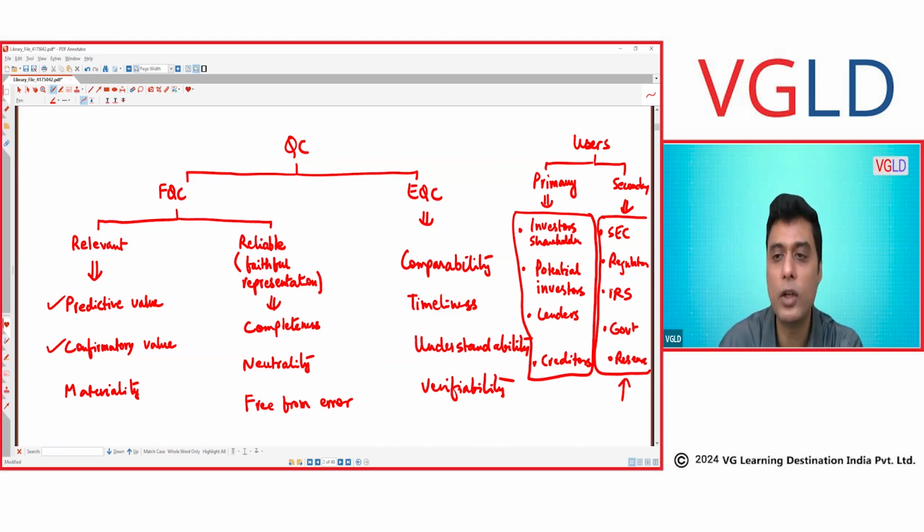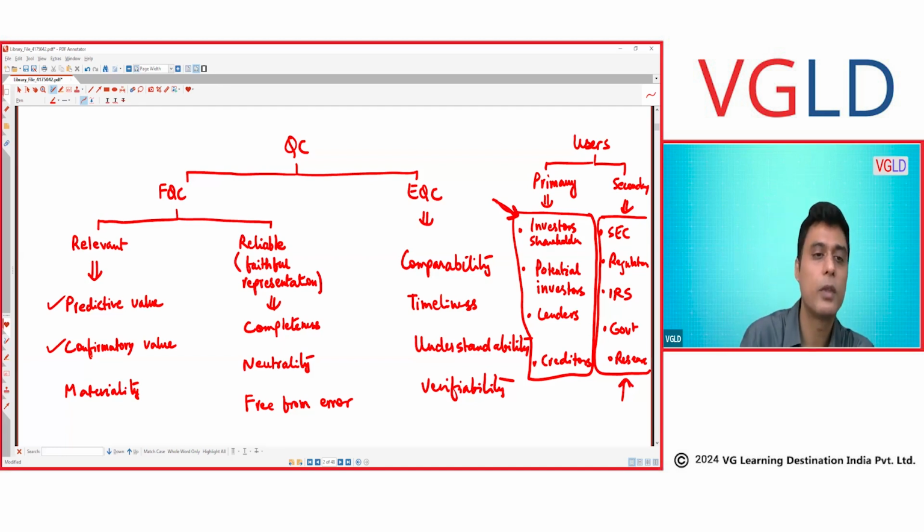Of course, when you have losses, you also get refunds, like income tax refunds. But people who have given money to the company or are going to give money to the company are primary users, and people who are just using the information for other purposes are secondary users. Anyways, that's a different discussion of users.